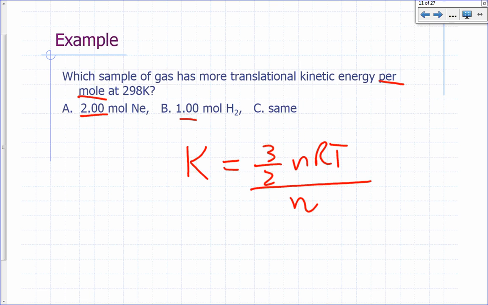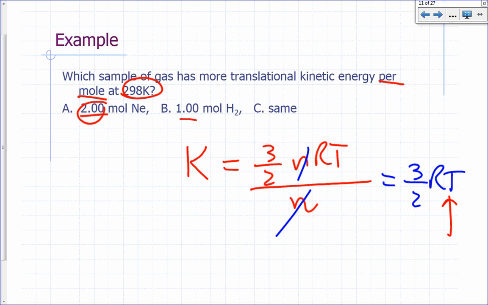It doesn't matter what n is, so that n cancels out. So 3/2 RT is the translational kinetic energy per mole. Since we're looking at the same temperature, same T, the per mole value of translational kinetic energy would be the same.